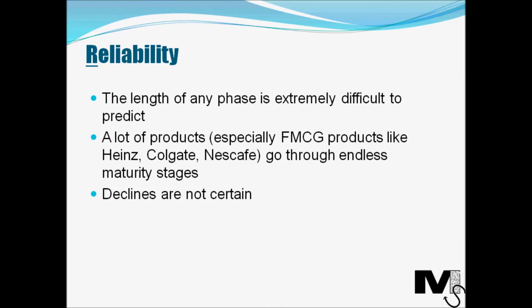So that is where the model actually fails, to be honest, in a certain way, because it is not completely proficient in predicting maturity stages. And obviously, as we see from our FMCG examples, declines are not absolutely certain for all products. They can go through endless maturity stages, which the model has no scope or room for.